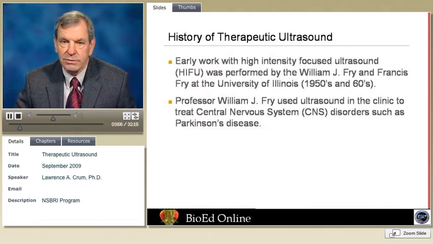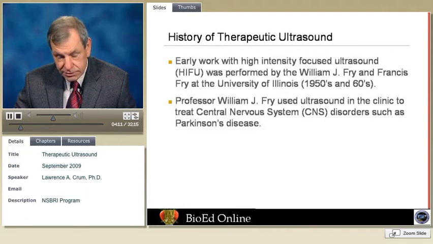Now, I will talk about ultrasound later for use of therapy, but it never came into vogue until just recently. So it was, though, one of the first applications of ultrasound in terms of clinical medicine.